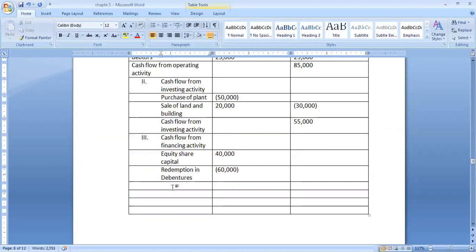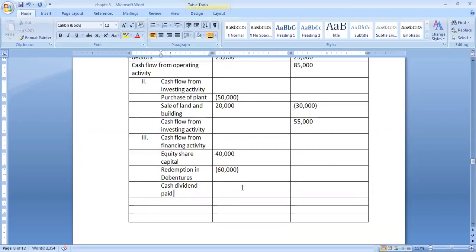Fine. There is also cash dividend which is given in the adjustment. Adjustment item should be treated twice. So cash dividend paid is 25,000. So whenever there is a payment, it is the outflow of cash here. So take all these into consideration. 40,000 minus 60,000 minus 25,000 will give you 45,000.